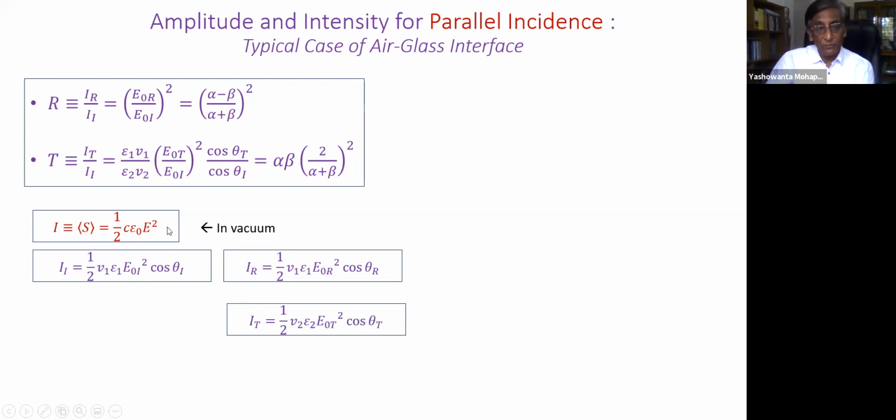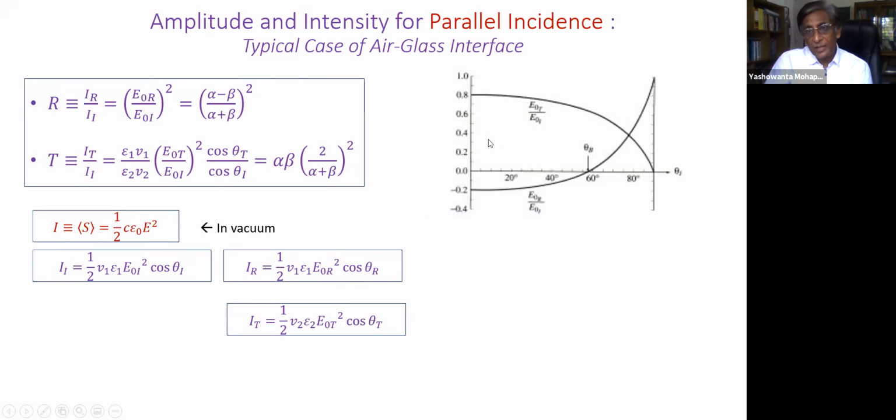So this is in vacuum. This is the oblique incidence case, and I've already shown you the calculation for E0T by E0I and E0R by E0I, which behave like that.